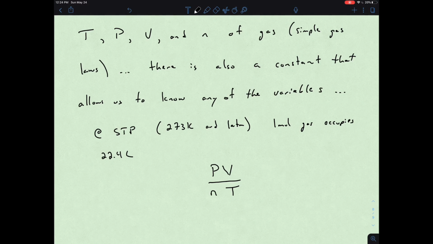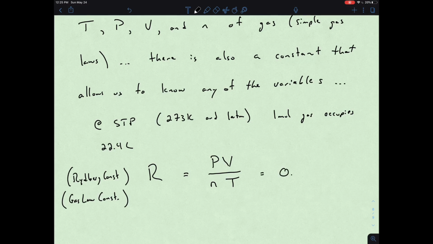And so if I put moles here, we find that this is equal to a constant. This is the Rydberg constant, sometimes called the gas law constant, and this is equal to 0.082 liter atmospheres per mole Kelvin.